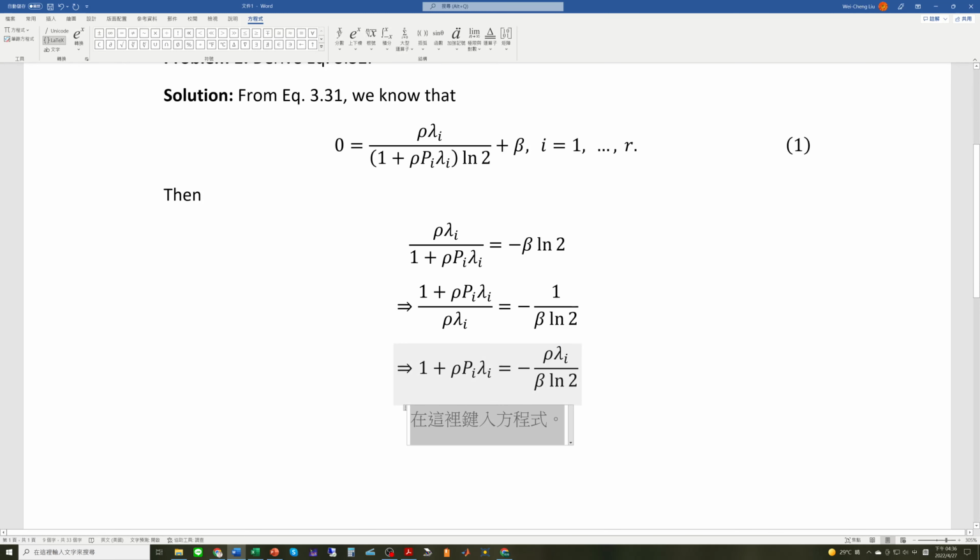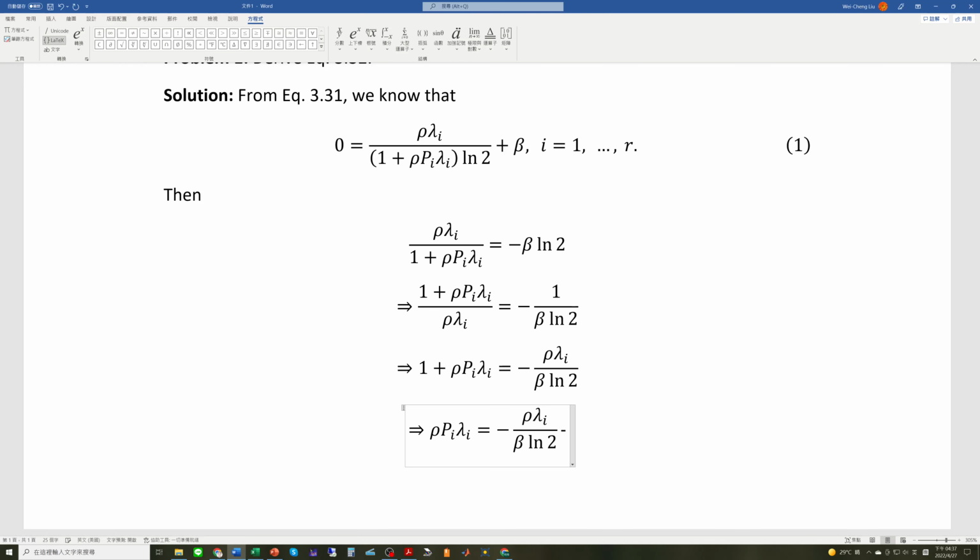We move the term 1 to the right hand side of the equation, so rho Pi lambda i is equal to minus rho lambda i over beta natural log 2, minus 1.